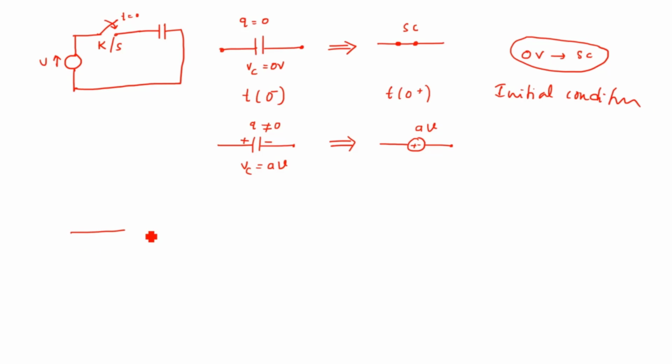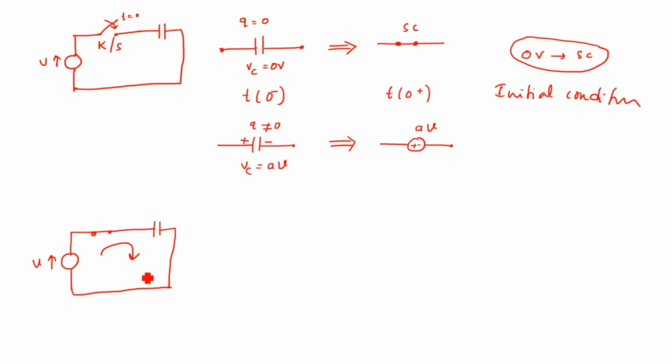Similarly, if the switch is kept on for a long period of time across a capacitor, it charges continuously because of the flow of current.